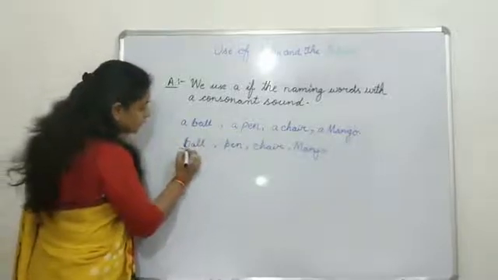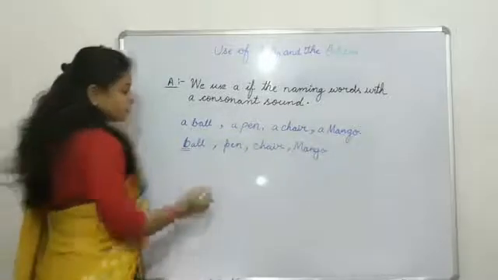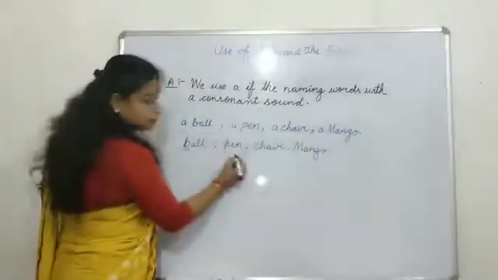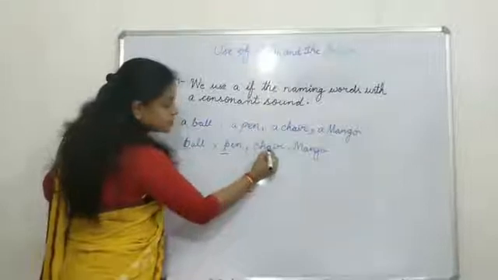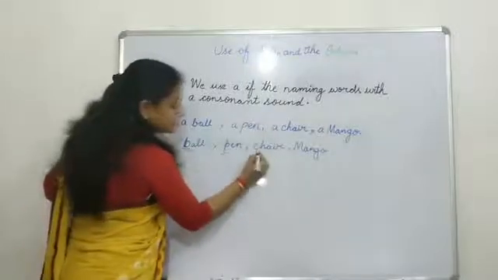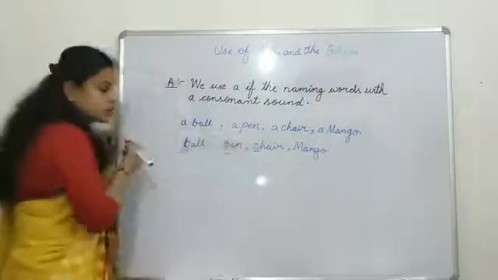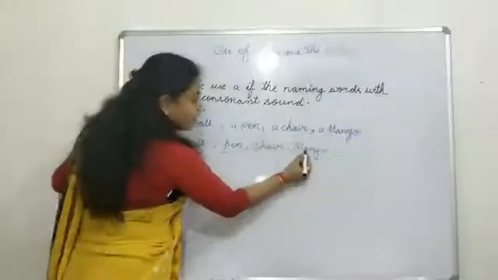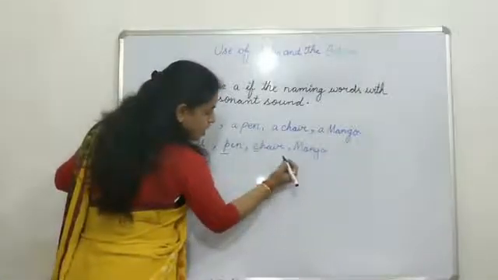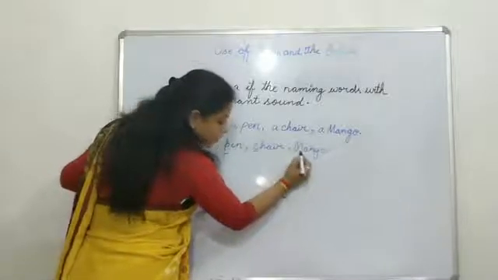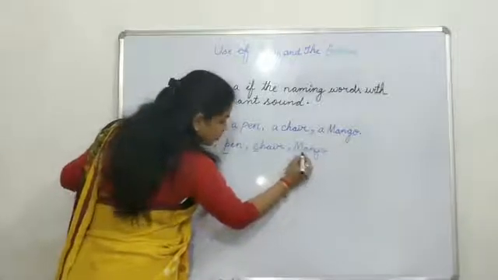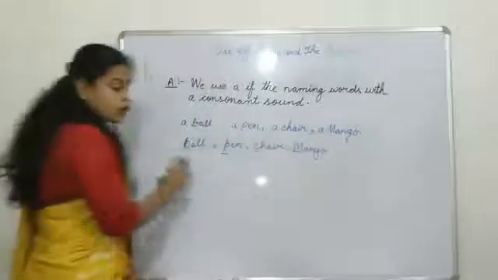As you can see, ball, B-A-L-L, B is a consonant. Pen, P-E-N, P is a consonant. C-H-A-I-R, chair, is also a consonant. And mango, M-A-N-G-O, M is a consonant.